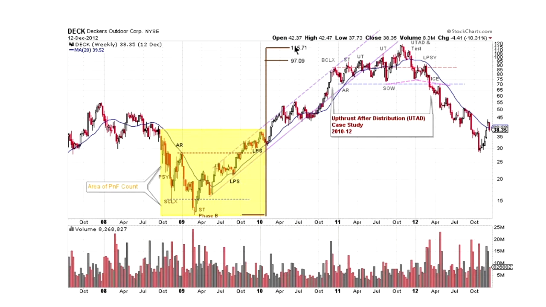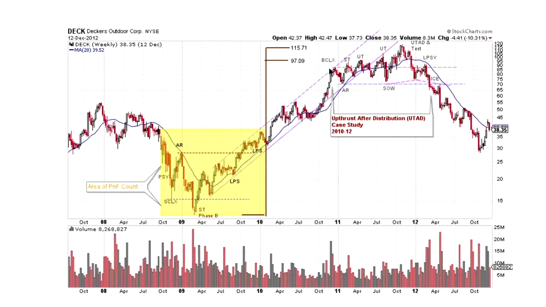We can count with point and figure, which I have that chart, but for now, the high is 115.71, and at the upthrust, it goes to like 118, and then turns right off of that. So it did a really good job of telling us how much fuel is in the tank, big uptrend, a lot of potential, had a really good move, great campaign, and then look what happens.